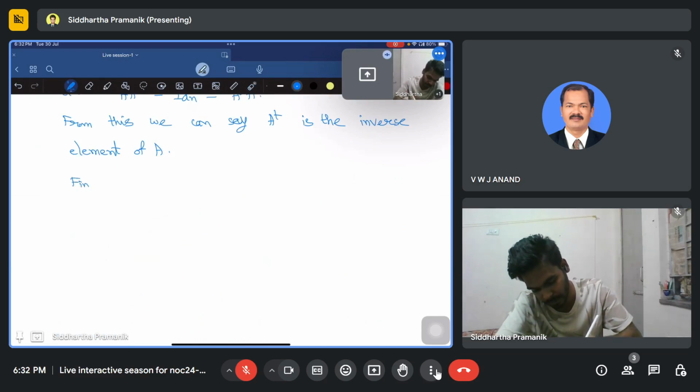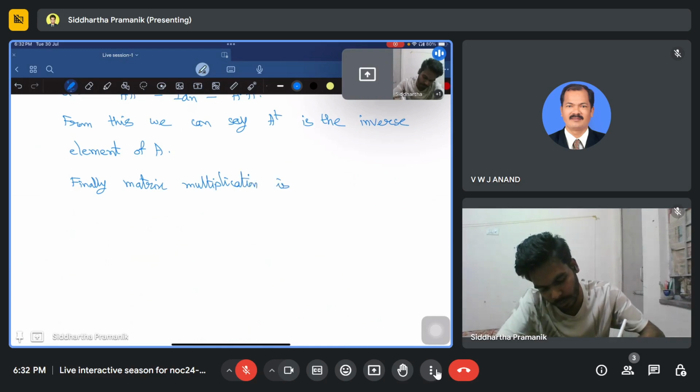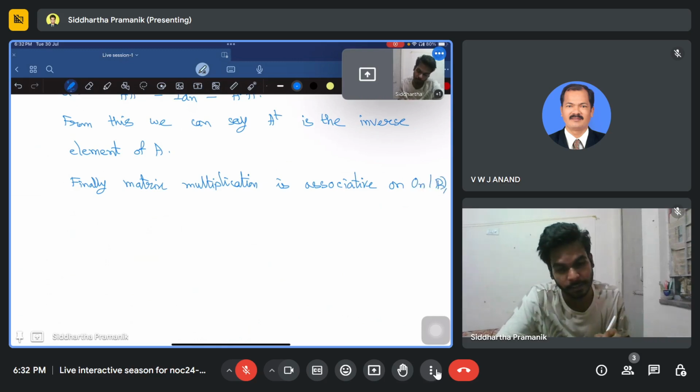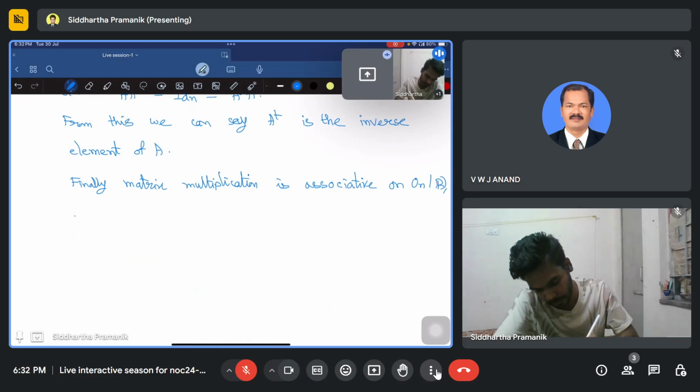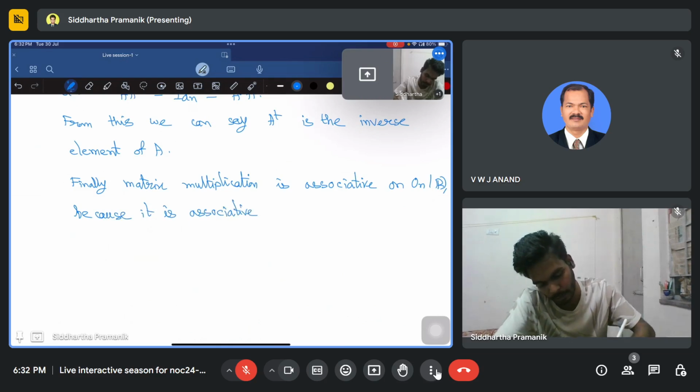Finally, matrix multiplication is associative on the set O(n, R), and this is because it is associative on GL(n, R).